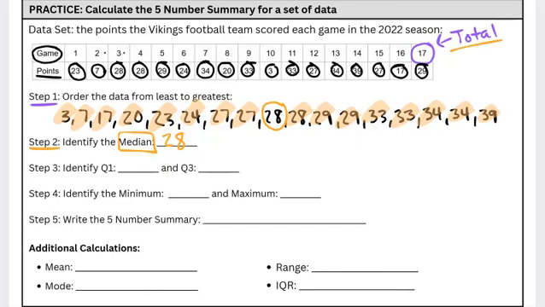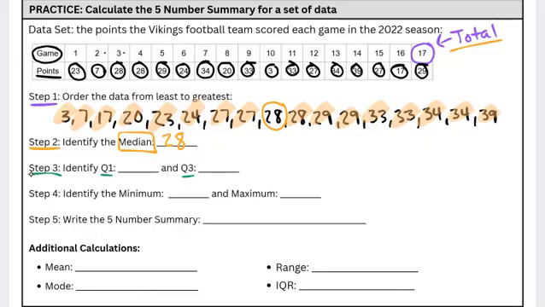All right, so step 3 is to identify 2 values. It's the Q1, which stands for quartile 1 or first quartile, and our Q3 value or quartile 3. In that word quartile, we can kind of hear quarter. So quartiles are just breaking up the data into groups of 4.